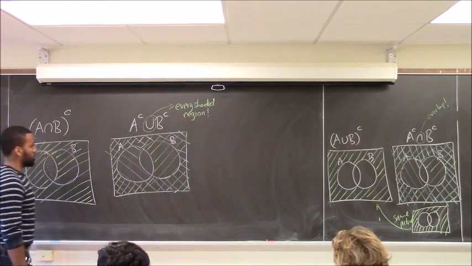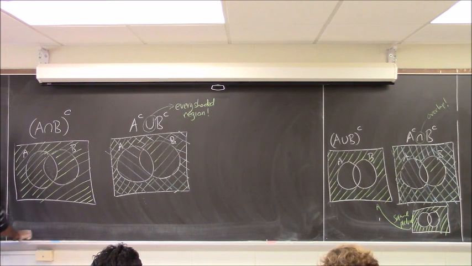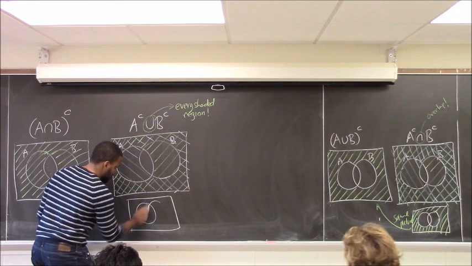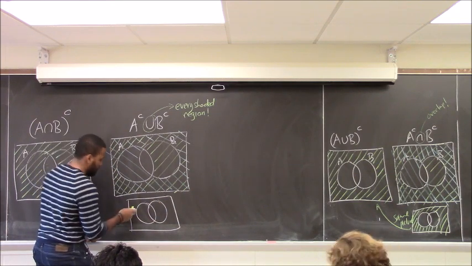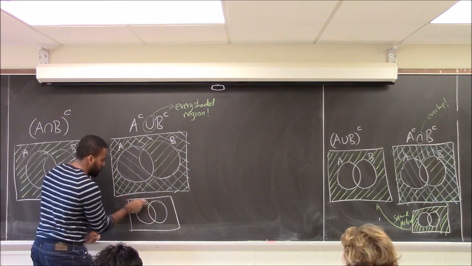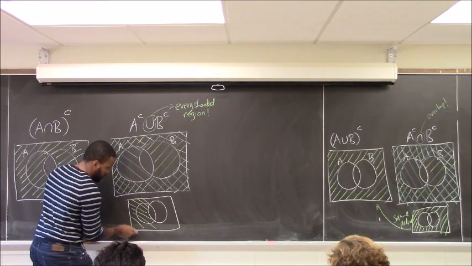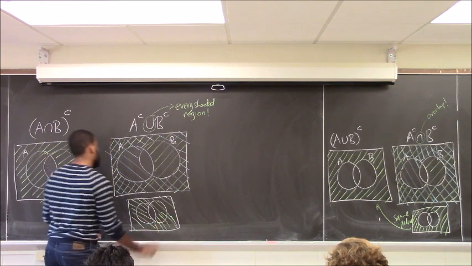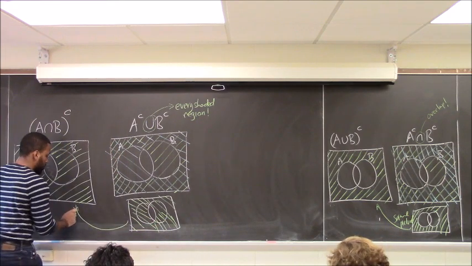Anything that's shaded is going to be in the union, and what you would notice is that it's going to give us everything except this, the only unshaded region. So it will give us everything except that region, and you'll notice it's the same picture.